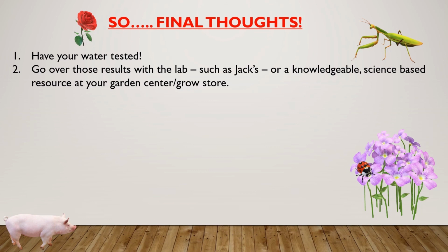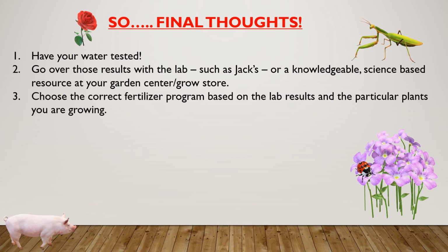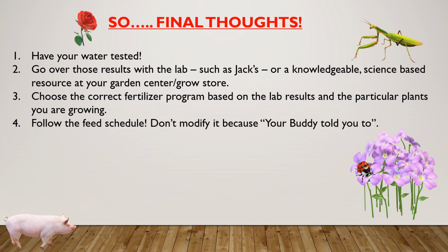Go over those lab results with either the lab or a knowledgeable science-based resource, and let me repeat that, a knowledgeable science-based resource at your garden center or grow store. Choose the correct fertilizer program based on the lab results and the particular plants you are growing. Follow the feed schedule. Don't modify it because your buddy told you to modify it.